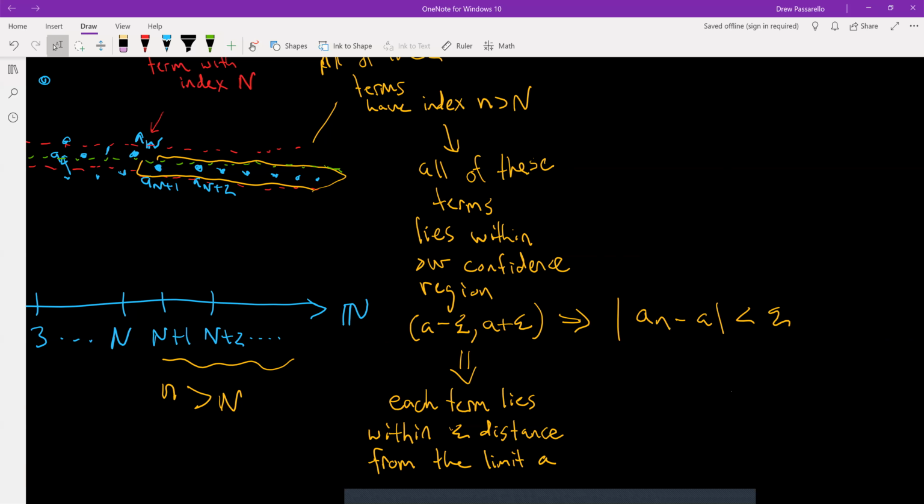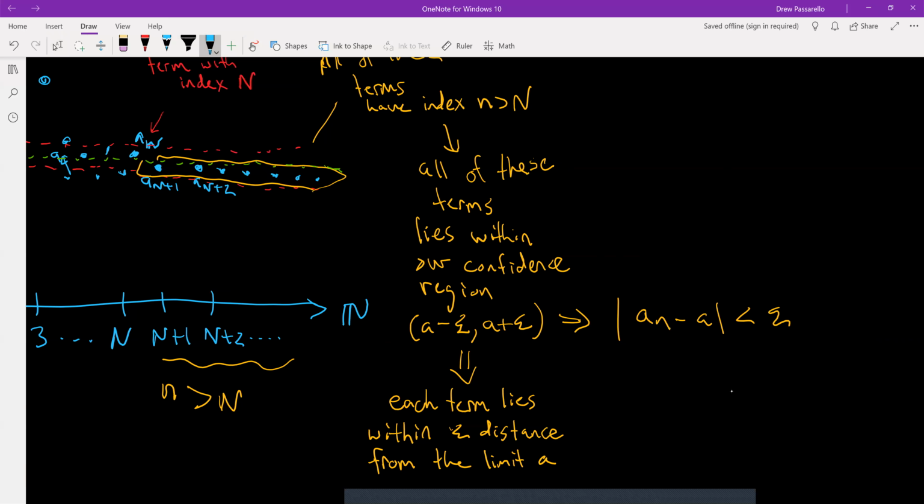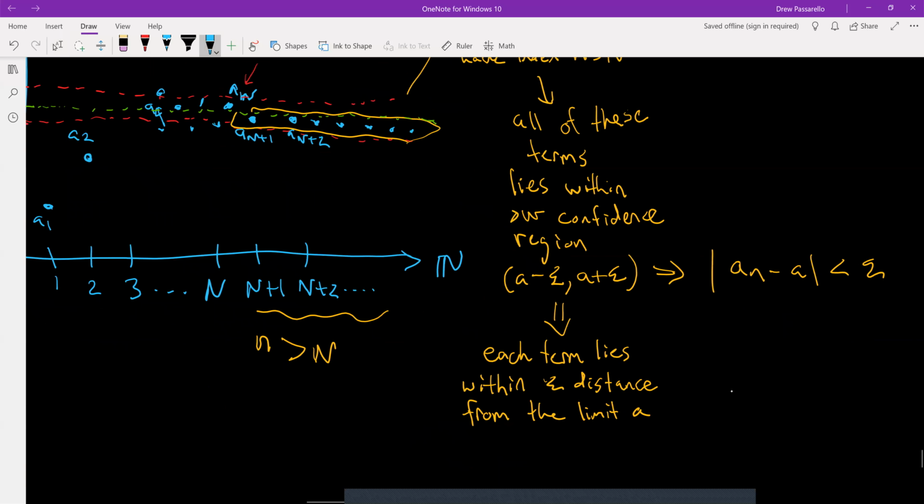And so what we're trying to do in these proofs that we'll do in a second is find this capital N so that all the little n's bigger than N are in our confidence region. I think of this as the cutoff point, the cutoff value.